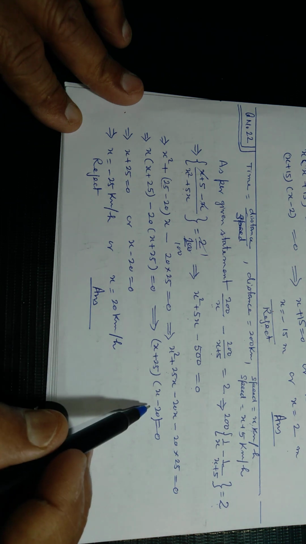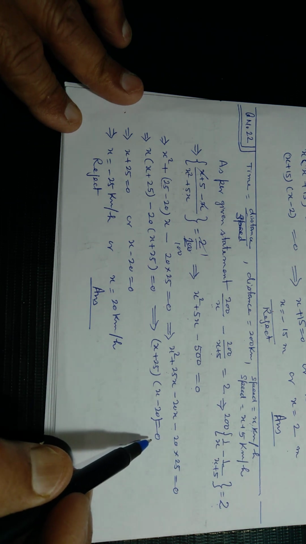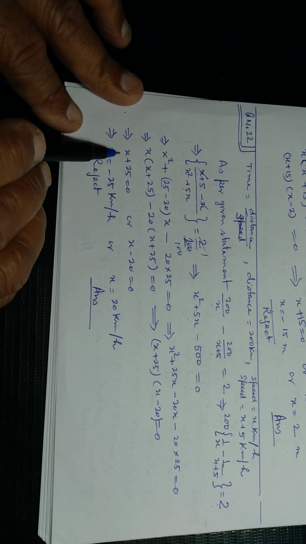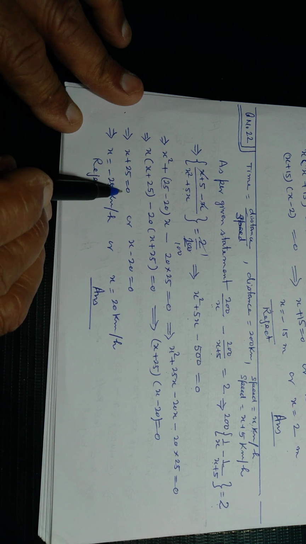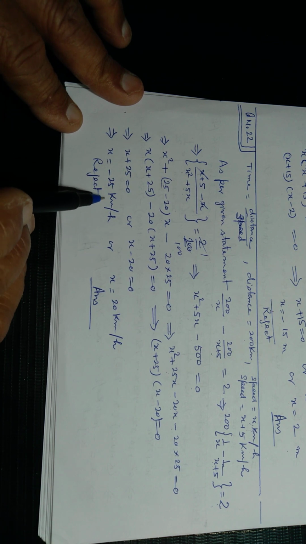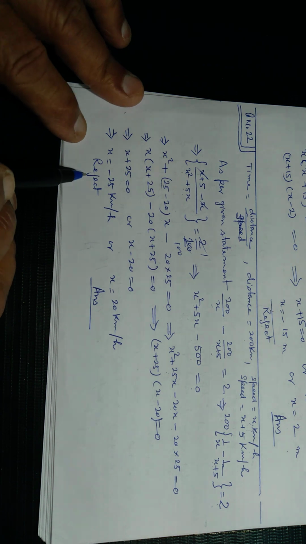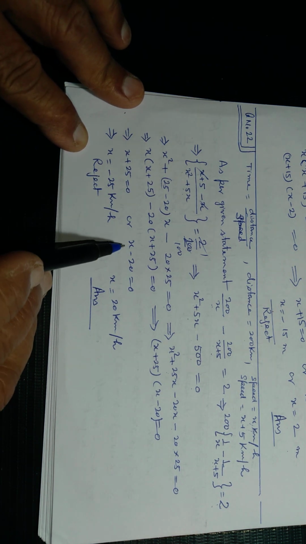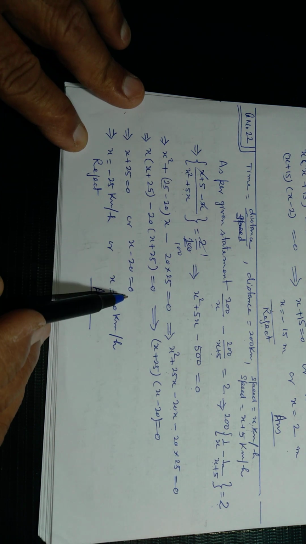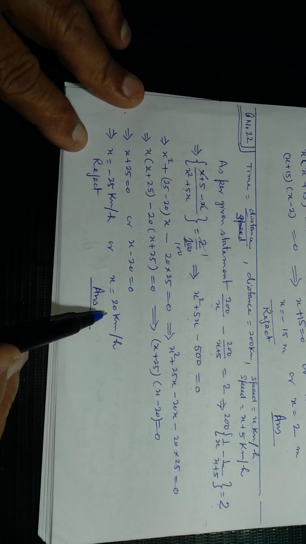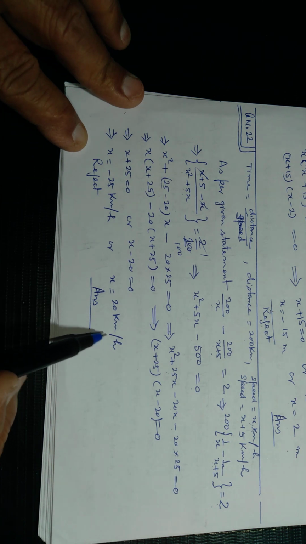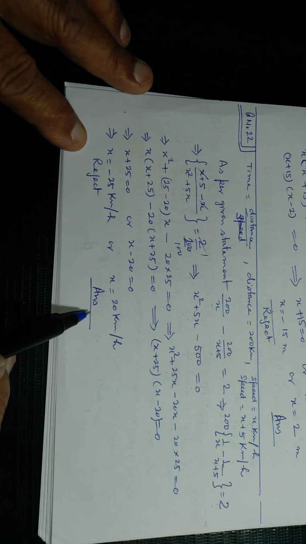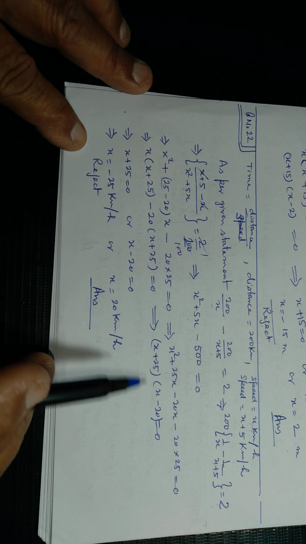These are the two factors whose product is equal to 0. Hence, we put x plus 25 equal to 0. X is equal to minus 25 kilometer per hour, and it will be rejected because the speed will not be negative. So we take the next factor, x minus 20 equal to 0. So x will be equal to 20 kilometer per hour. This will be the acceptable answer.